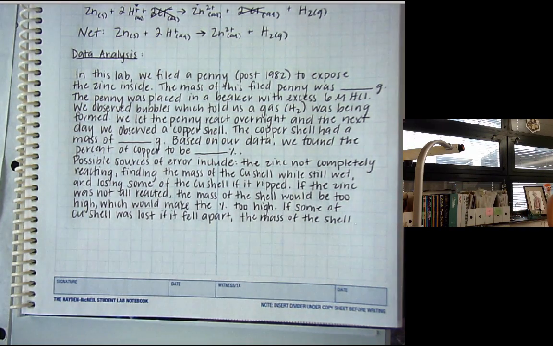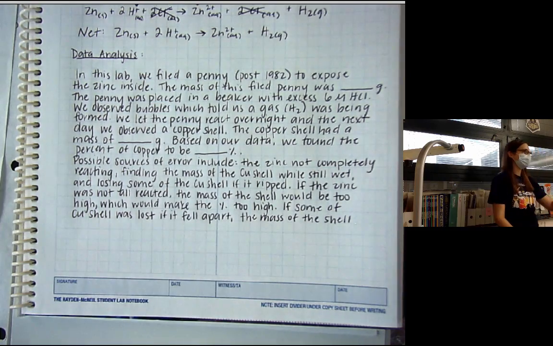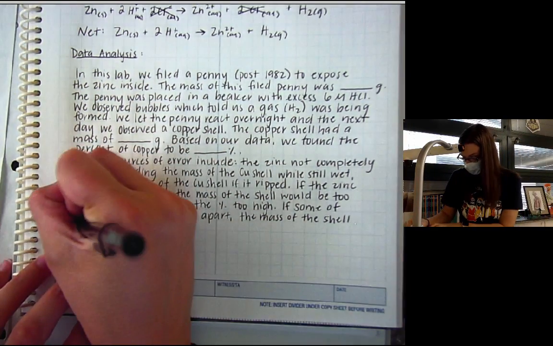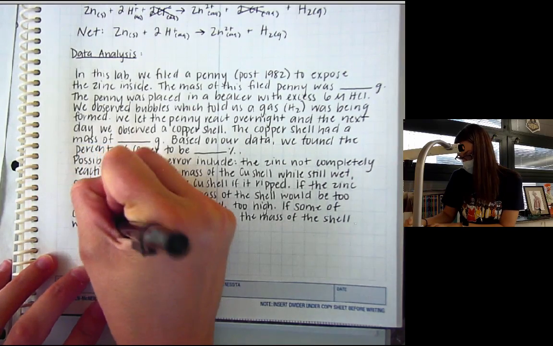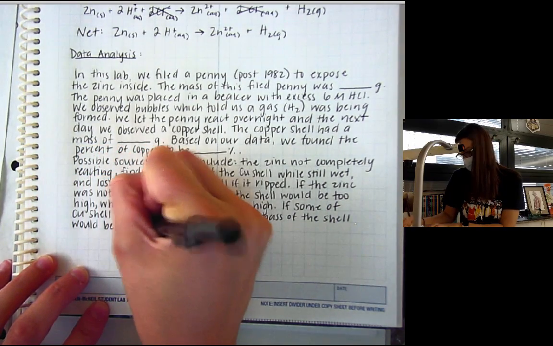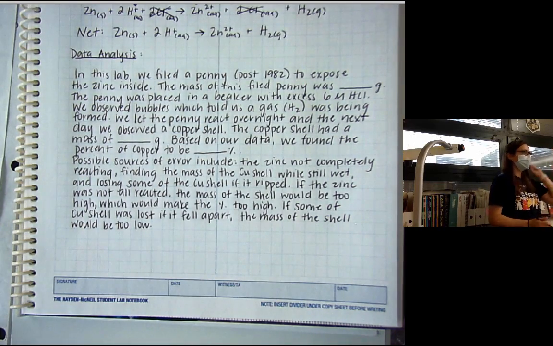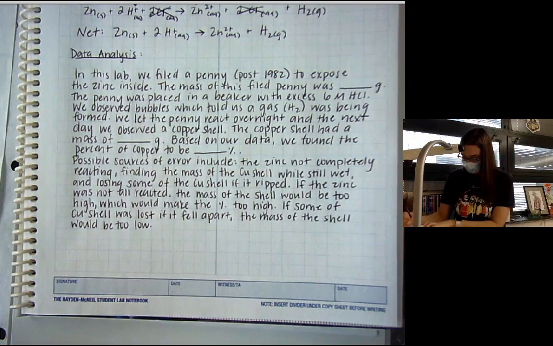Well, if some is on the lab table or the floor, what's that going to do to the mass when you put it on the scale? Going to be too high or too low? Too low. The mass of the shell would be too low. Again, look back at your calculations. If that top number is too low, then your percent's going to be too low.